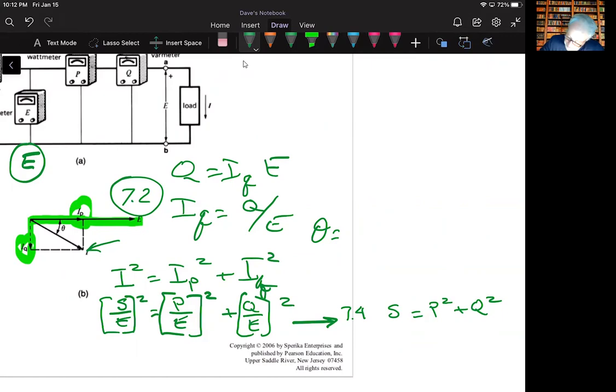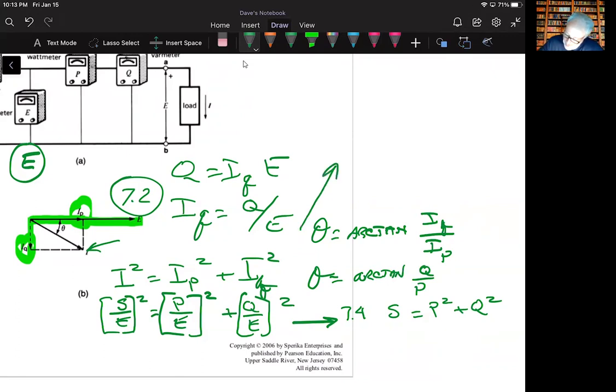He writes this as arc tangent of I sub Q over I sub P. And if that's the case, then I can also express it as arc tangent of Q over P, and that will give us the value of that angle.